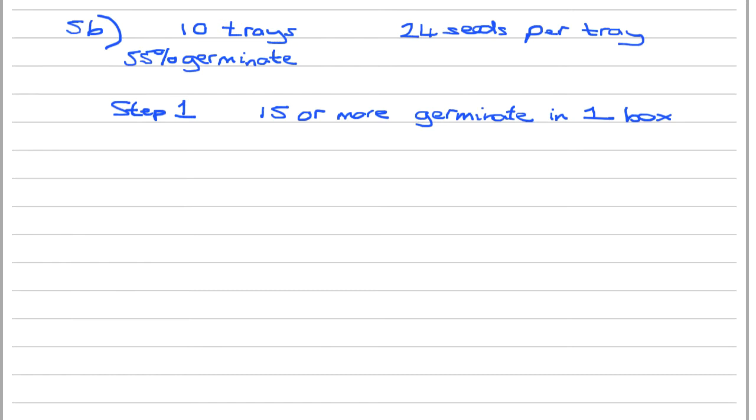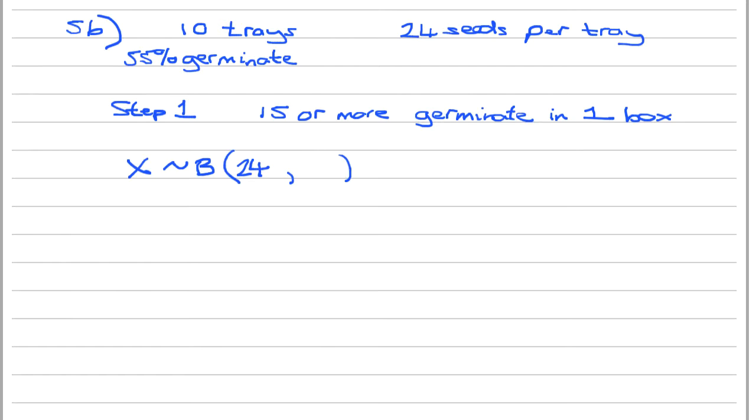So what we're going to look at in step 1 is if 15 or more germinate in one box. So X is going to belong to the binomial distribution. And remember, we've got an n and we've got a p. Our n for this is 24 seeds per tray, so I'm going to put 24 in here for my binomial.